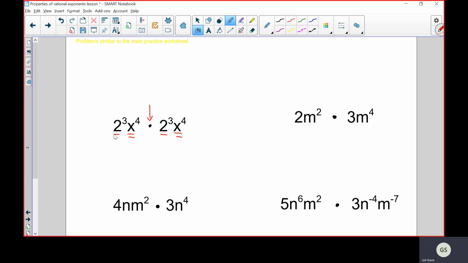So for the 2 and the 2, I can add those exponents. For the x and the x, I can add those exponents. So my final answer will be that. Only add the exponents on the ones that are the same base.